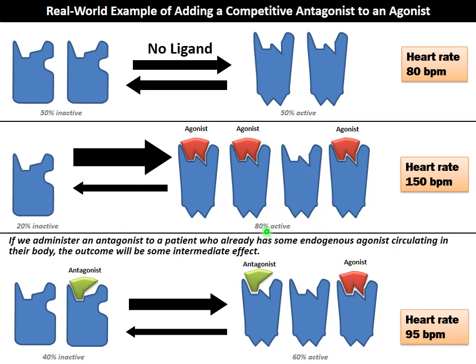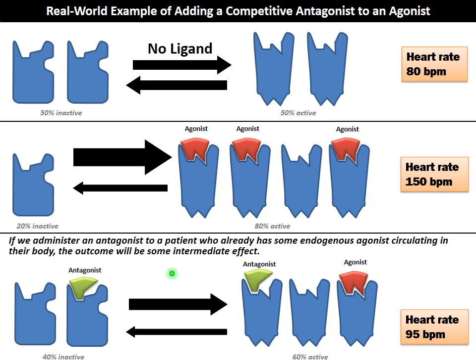But what we've done with the adrenaline is shifted it to mostly active, 80% active. However, if we give the antagonist, we can pull it back to the left a little bit. And notice in this example, I still have half and half, 50-50 unoccupied receptor, active or inactive. So it'd be a ratio about 50-50.